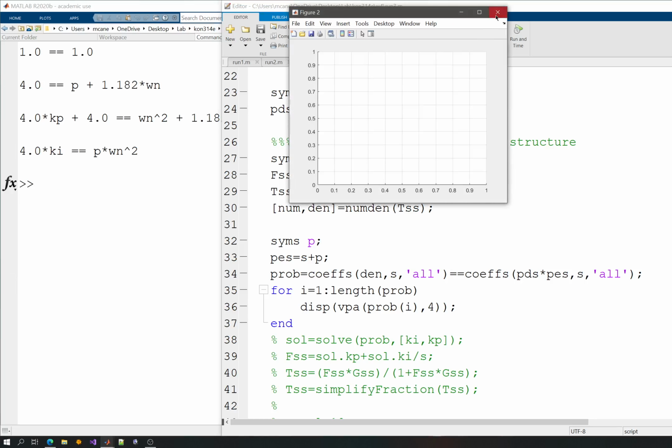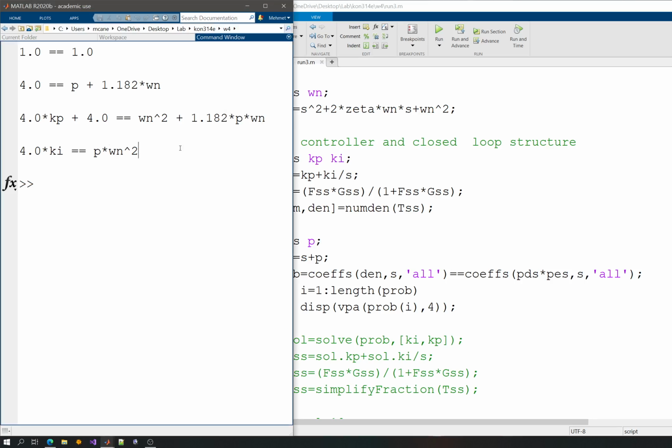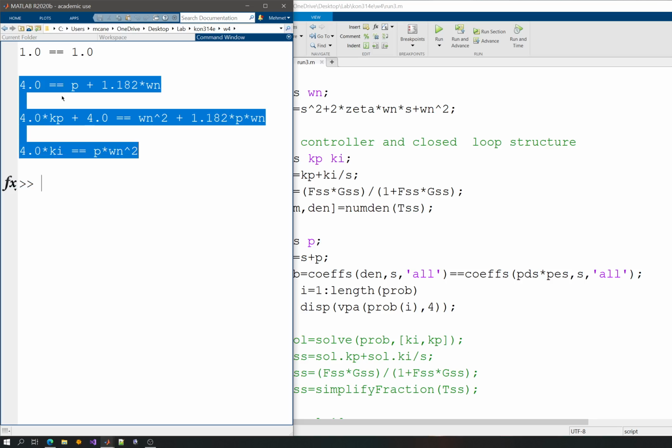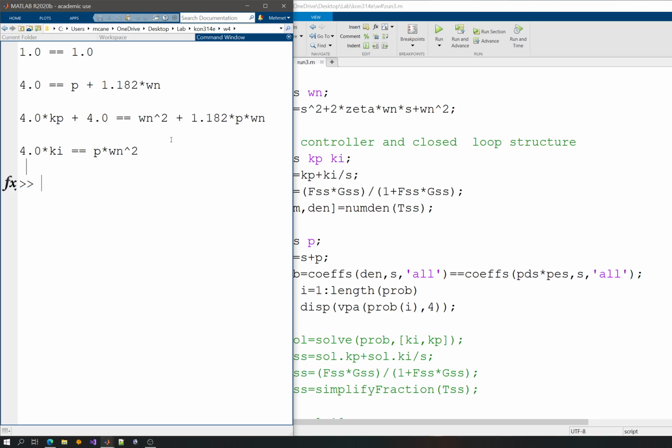Okay. Now I can see also that I can count how many non-trivial equations I have and how many unknowns there are, so I can determine what my solution will look like. Now I have p, I have omega n, I have KP and KI.